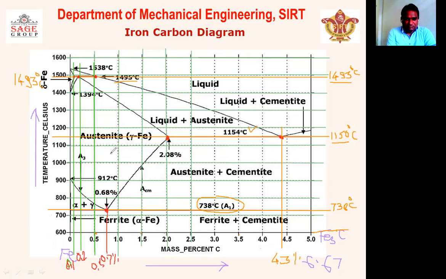This line is representing the eutectoid temperature line, and this line is representing the eutectic temperature, and this line is representing the peritectic temperature.